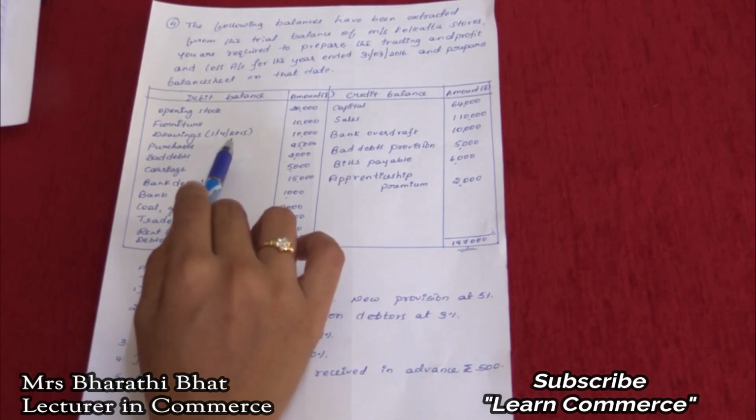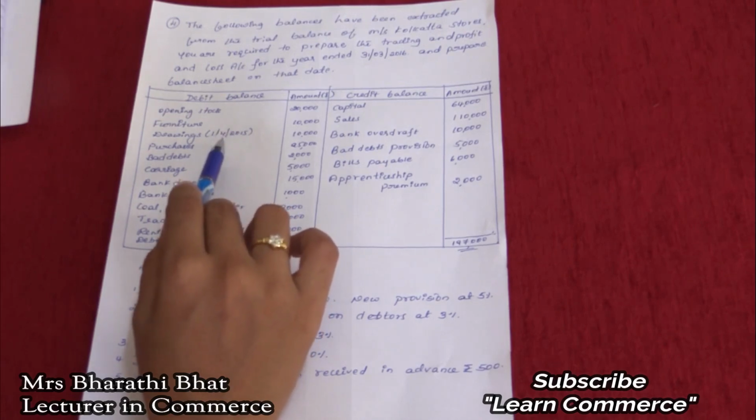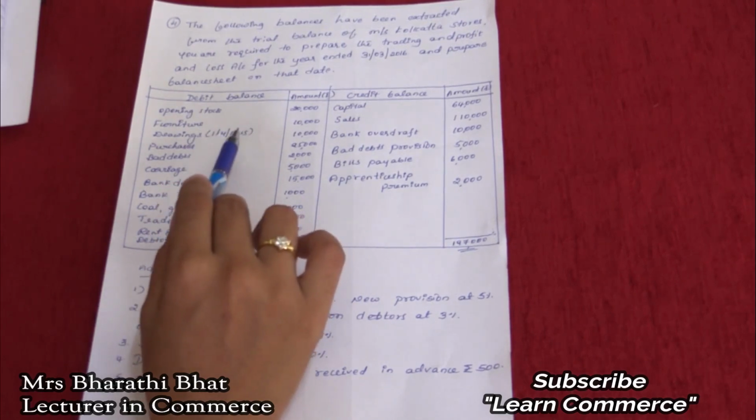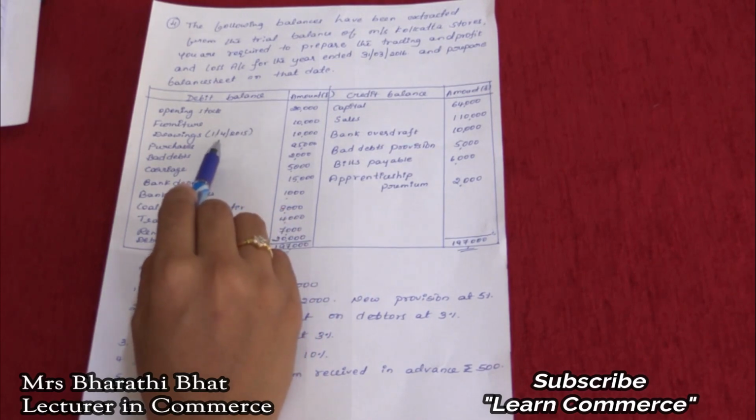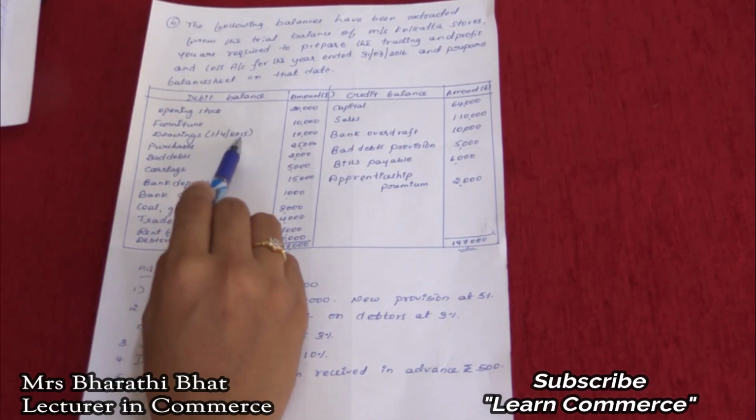From the date when the owner withdrew the amounts from the business, from that date till the end of the year we have to charge interest. For that reason, in some illustrations they will give a date, for example 1/4/2015.